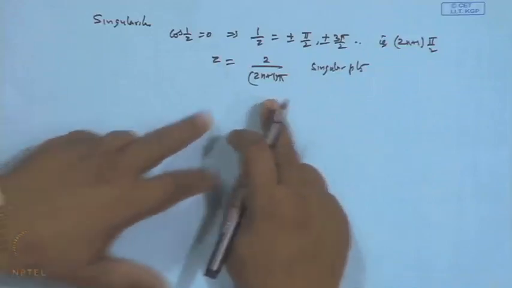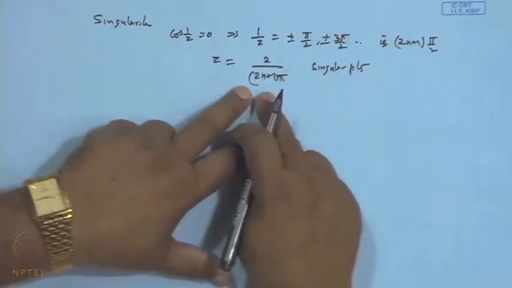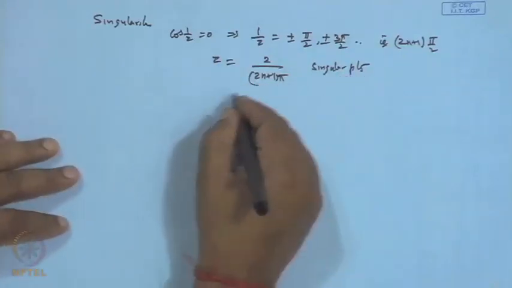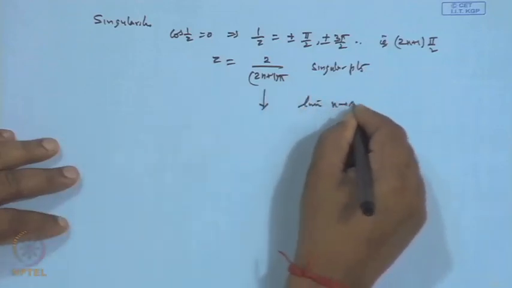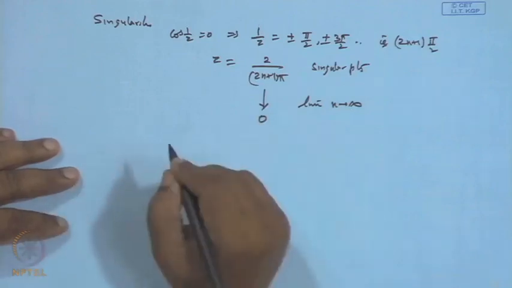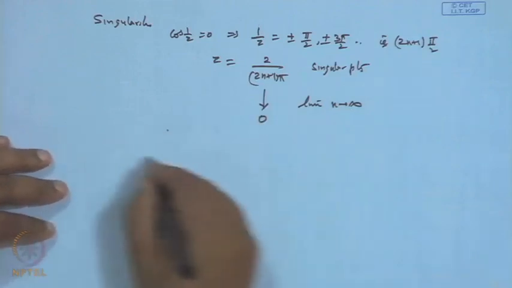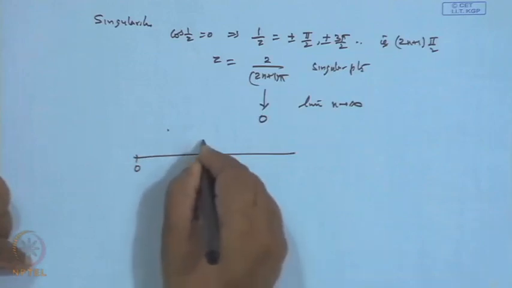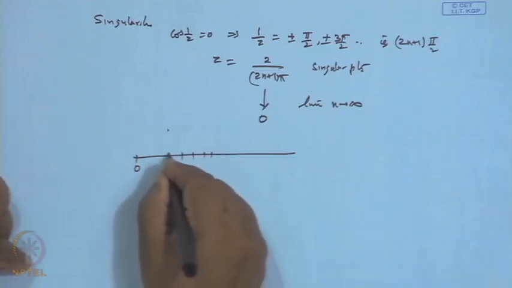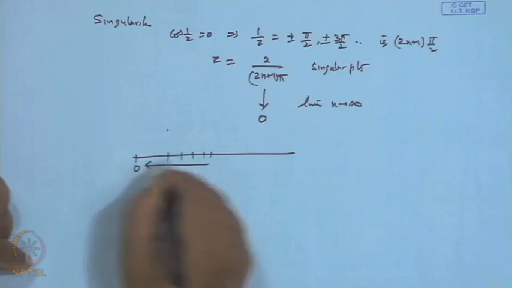Now, once you take the limit of this, what is the limiting position? The limit as n tends to infinity is 0. If we look at the 0, this is our 0, and these are the sequence of points which are tending to 0.